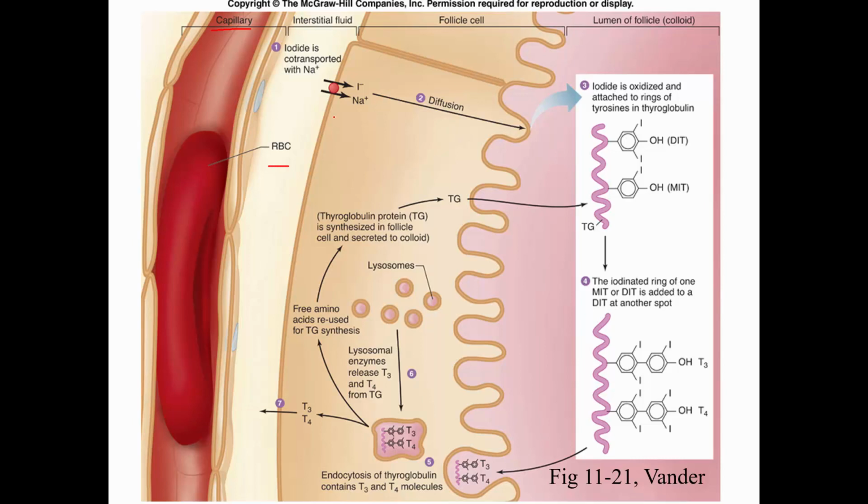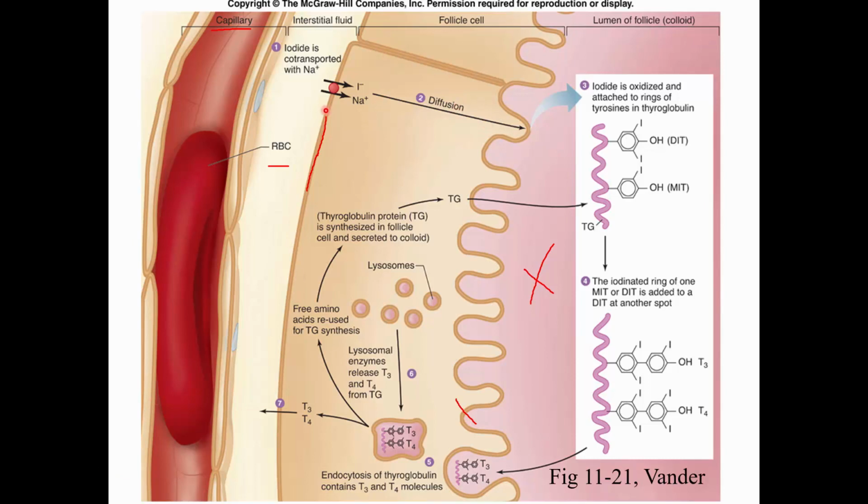There are cells on the outside, and then inside here is a colloid. It's called thyroglobulin. So notice, here's our cell.